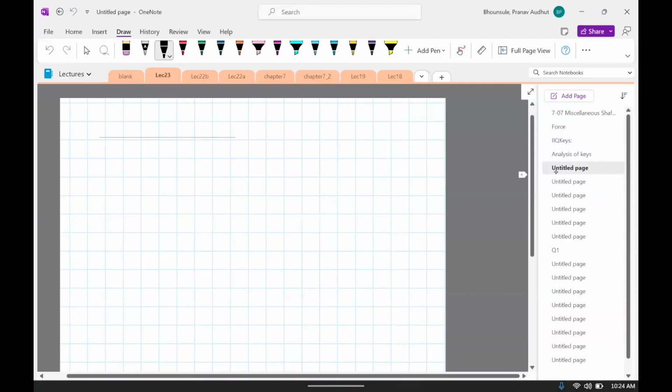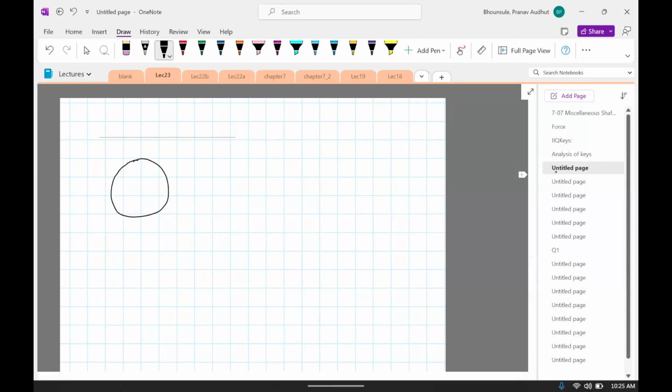Okay, so here is a shaft with the key. Let's say that the diameter of the shaft is d, so the radius is d divided by 2.